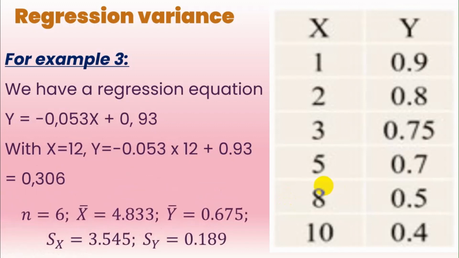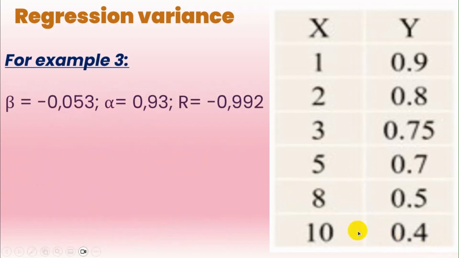And you can see the equation. Beta is equal minus 0.053, alpha equal 0.93, and R is equal minus 0.992.